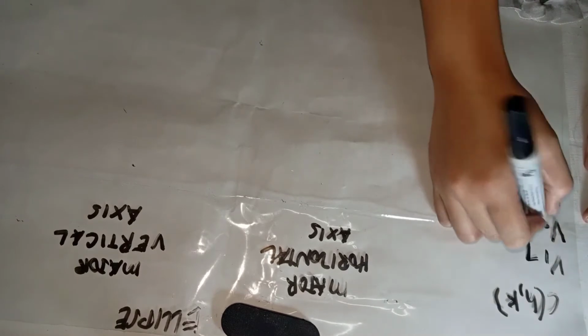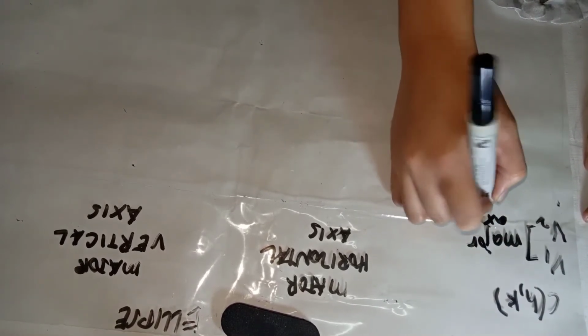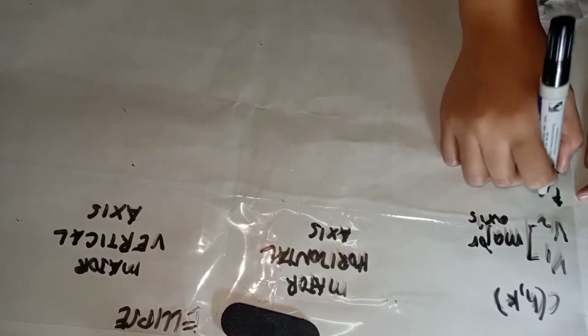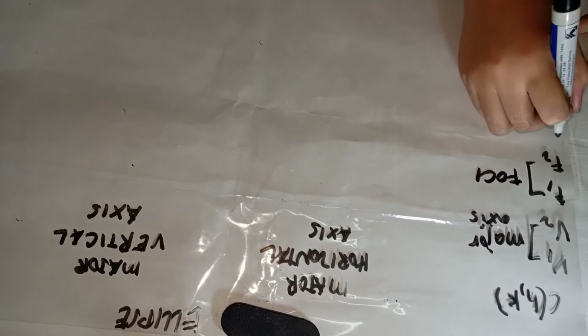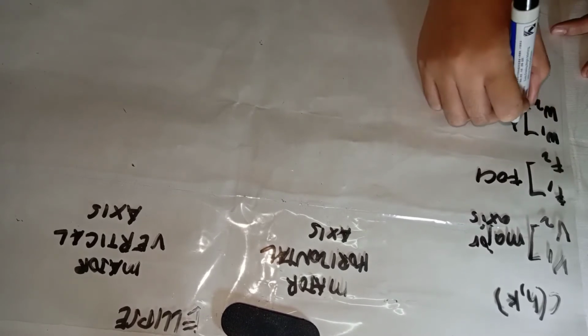So the vertex 1 and the vertex 2 is the major axis. The F1 and then the F2, this one is the foci, or the plural form of the focus. And then W1, W2 is our minor axis.